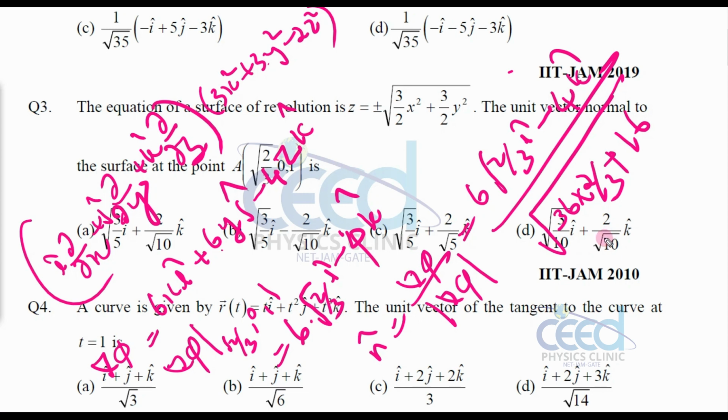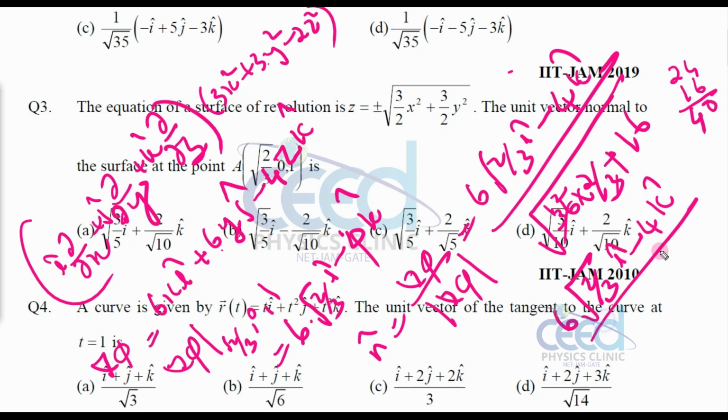So this 36 and 3 cancel out, that is 12 into 2, 24, plus 16, that is 40, so root 40. So 6 root 2 by 3 i cap minus 4 k cap divided by root 40.